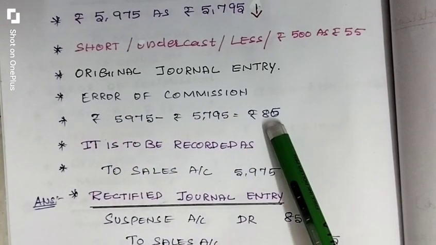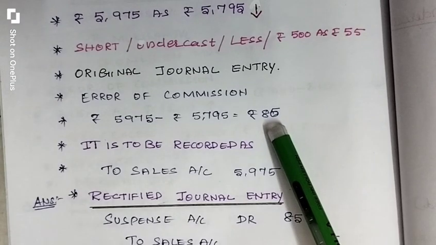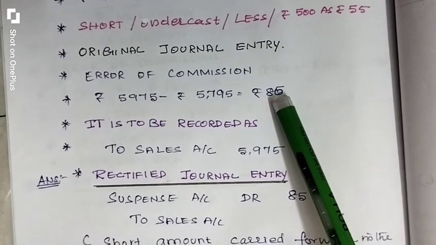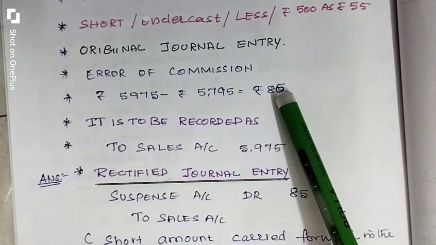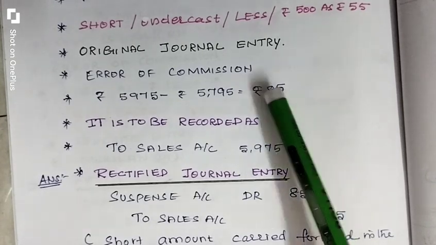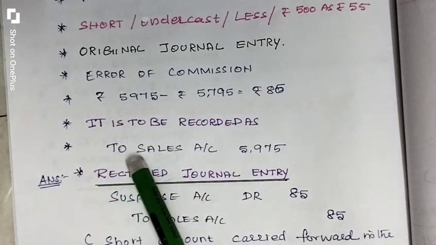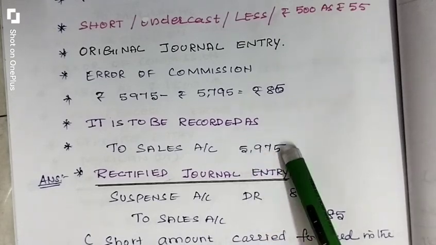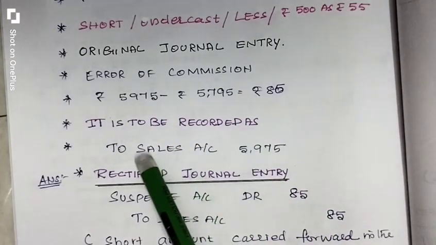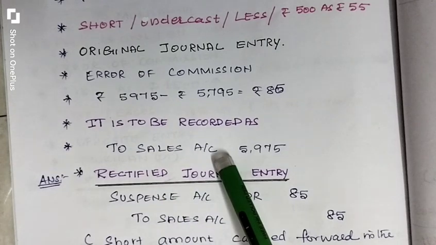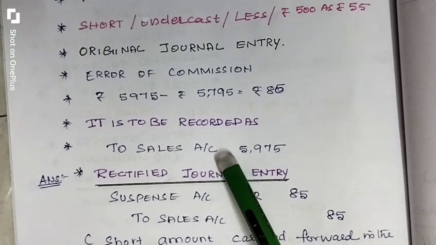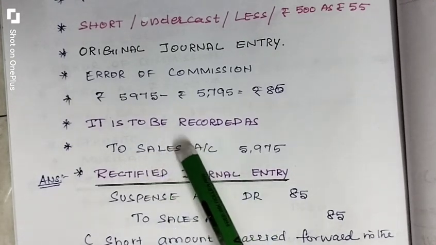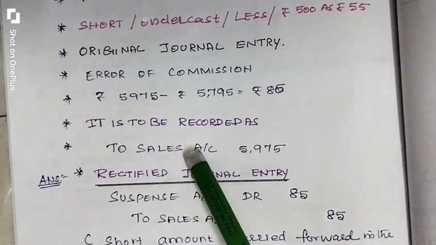You will get 180 rupees. So what is to be recorded? On sales account, rupees 5,975. Where is the sales book? Sales book is on the credit side. So how do you rectify this journal? And how do you rectify the sales book?